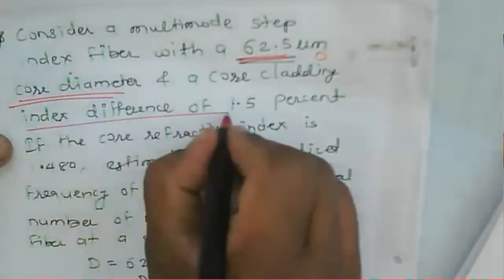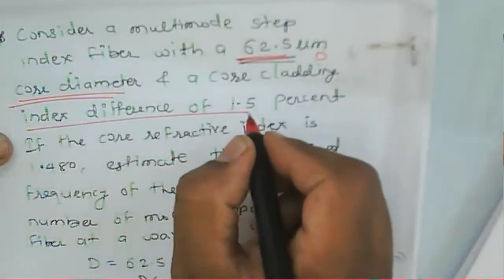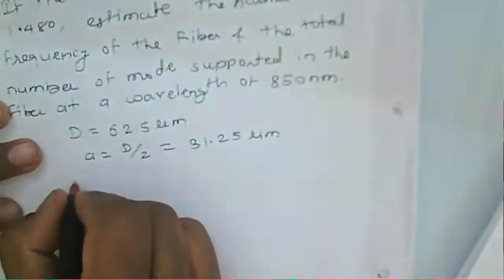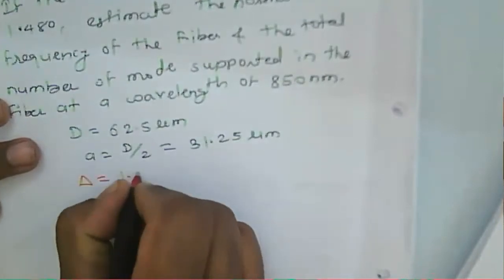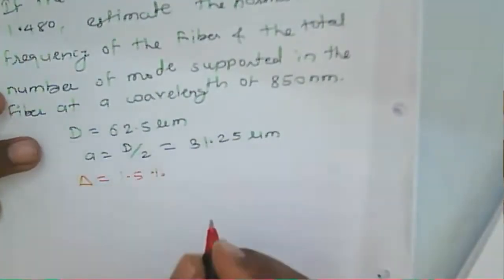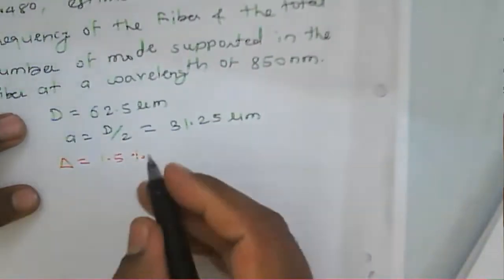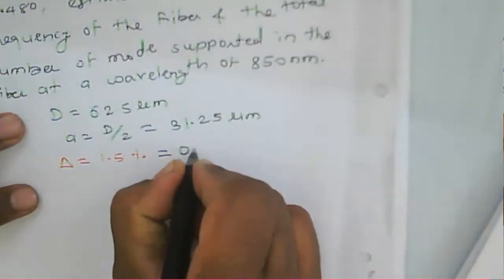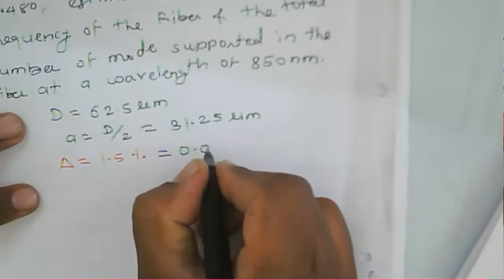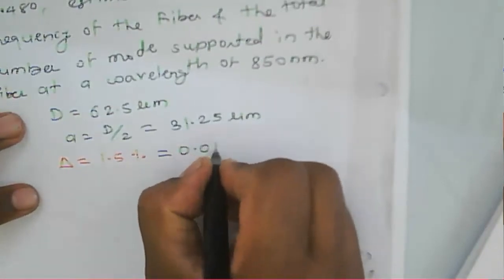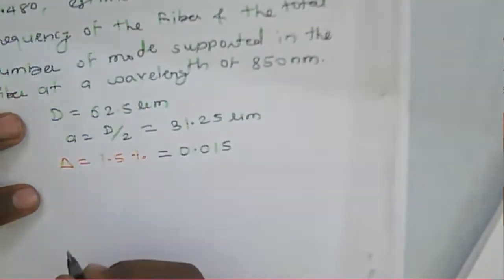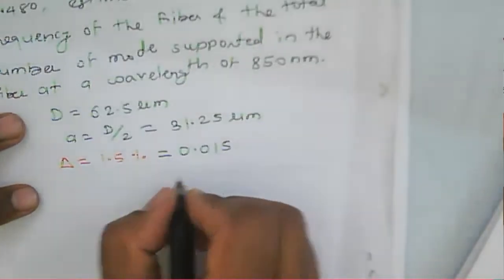Then the core-cladding index difference is given, del is equal to 1.5%. That 1.5% is equal to 0.015.